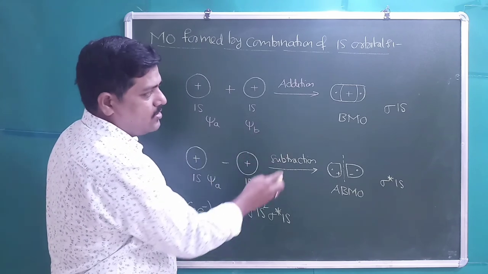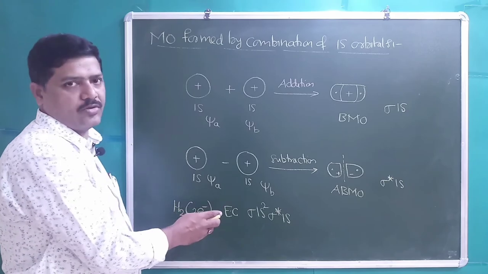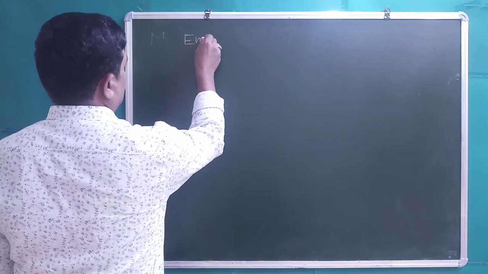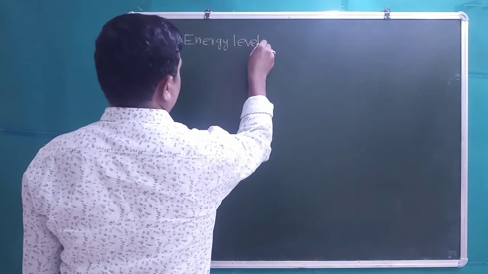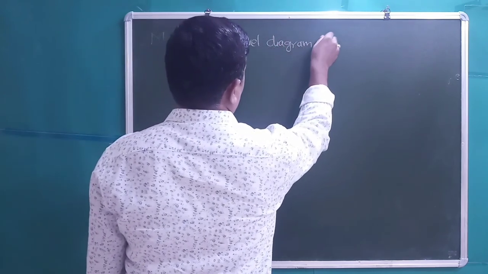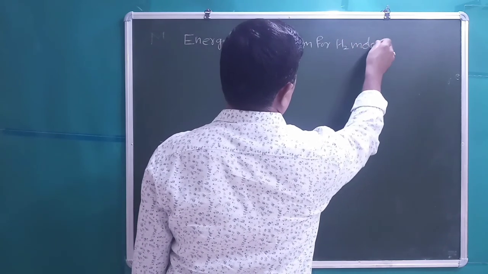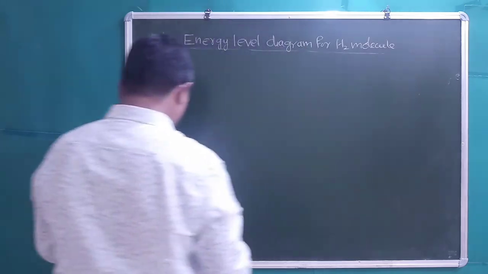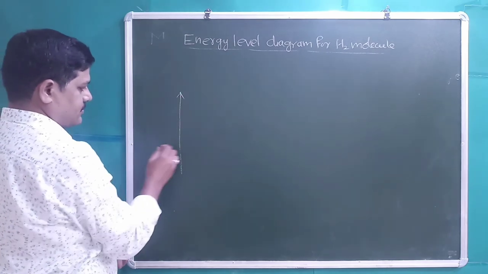Students, let us continue our discussion with the energy level diagram for the hydrogen molecule. Energy level diagram for H2 molecule. This is an increasing order of energy.